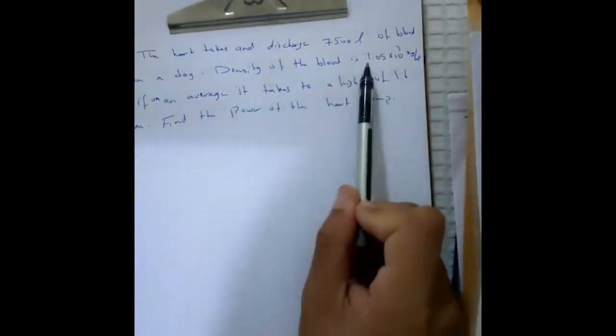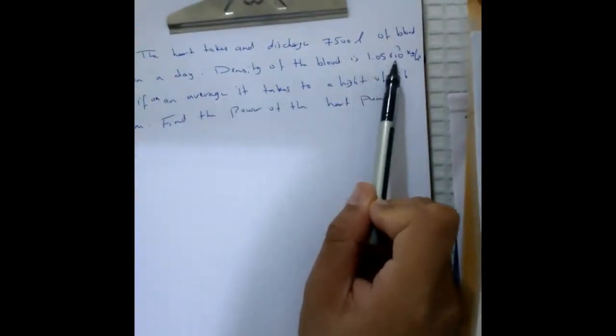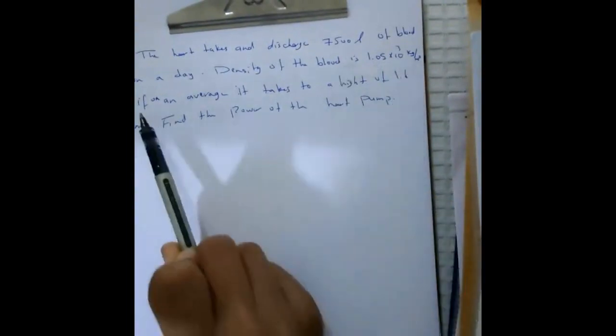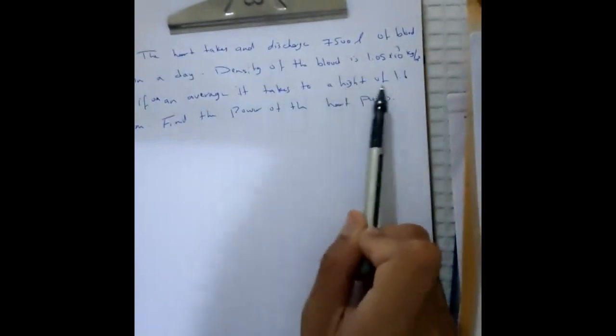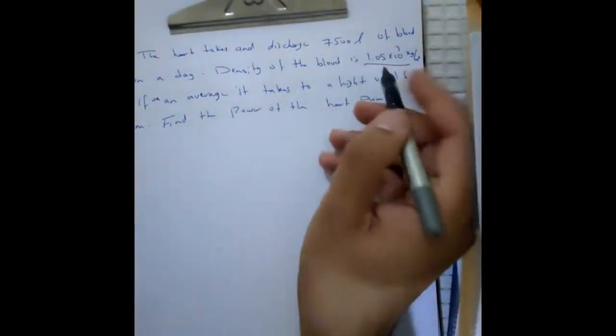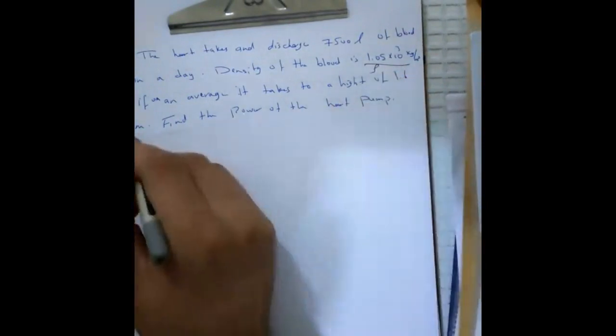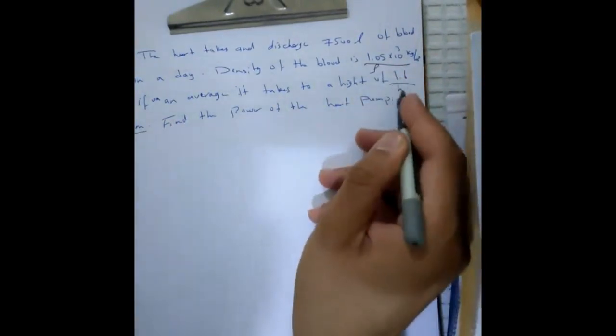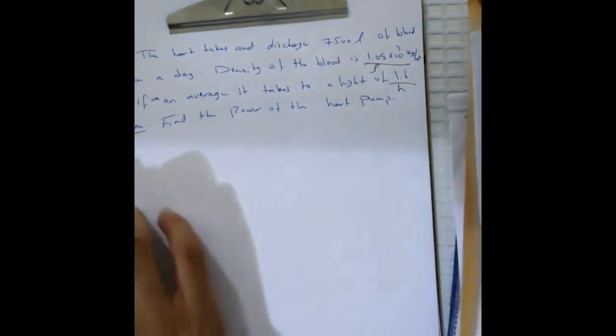Density of the blood is 1.05 times 10 to the power 3 kilogram per meter cubic, and on average it takes to the height of 1.6 meter. So this is rho, this is h, and he wants the power of the heart.